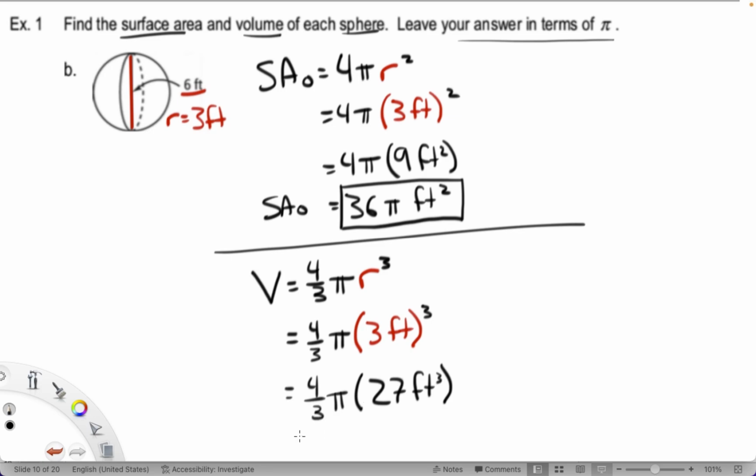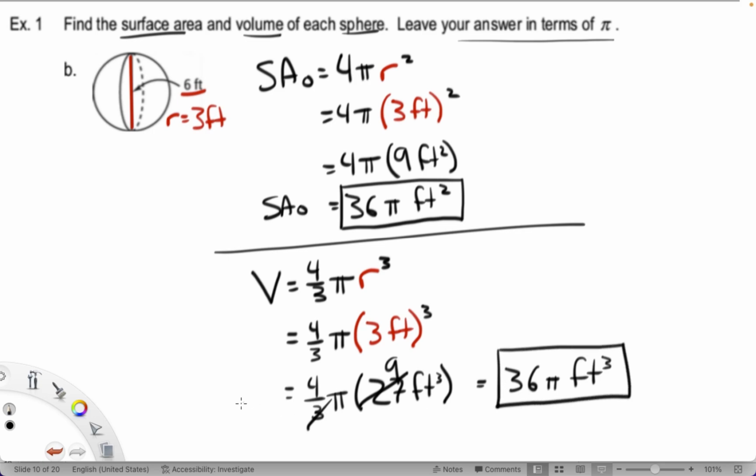Okay, the 3 and the 27 can cancel. 3 cancels. This becomes 9. So 9 times 4 would be 36 pi cubic feet. So the volume of this sphere is 36 pi cubic feet, and the surface area of the sphere is 36 pi square feet.